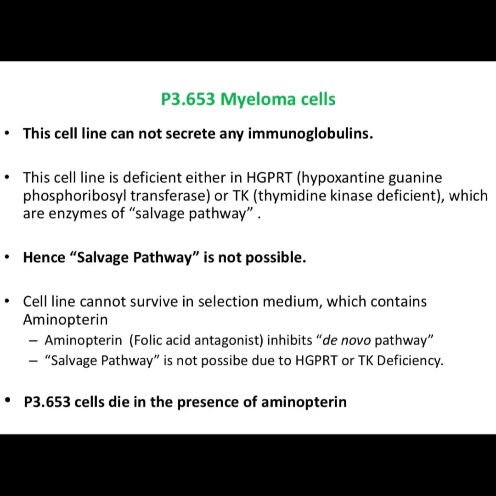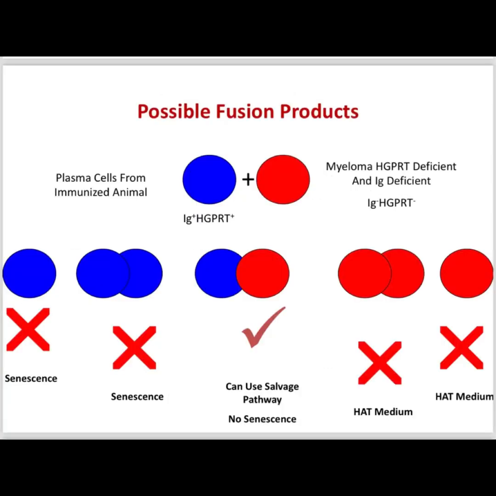So the cells pass through the salvage pathway. Possible fusion products: plasma cells from the immunized animal, and myeloma cells that are HGPRT deficient and Ig deficient. Senescent cells can use the salvage pathway; myeloma cells cannot, so HAT medium is not possible for them.